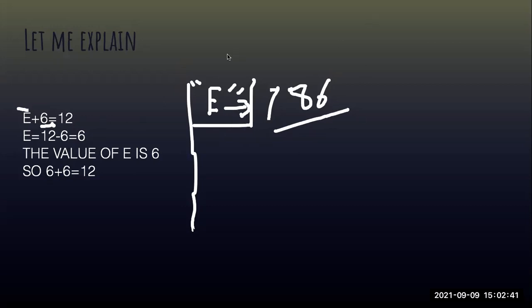E could be any variable. I'll write V over here for variable. Then E is the variable, 6 is the number, and the answer, the sum over here, is given.